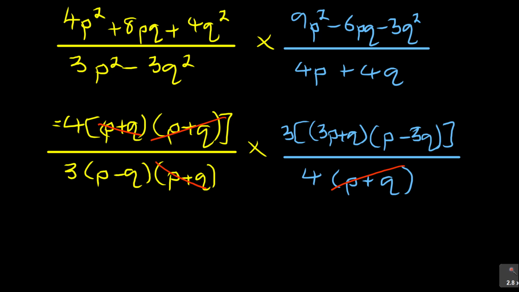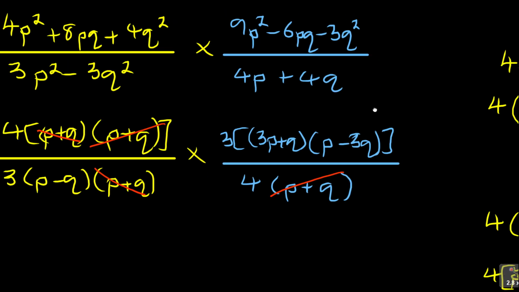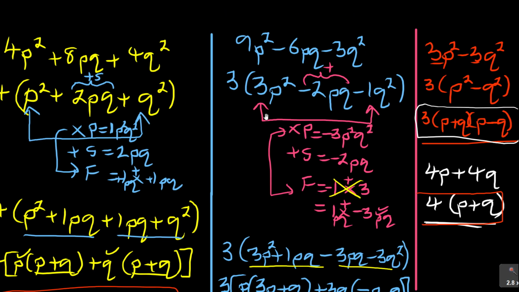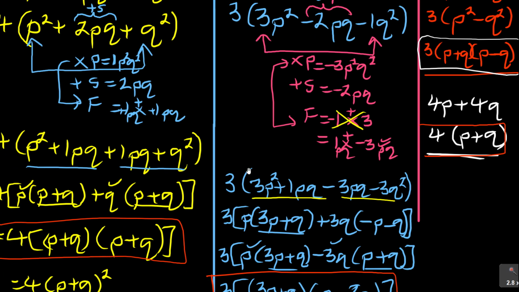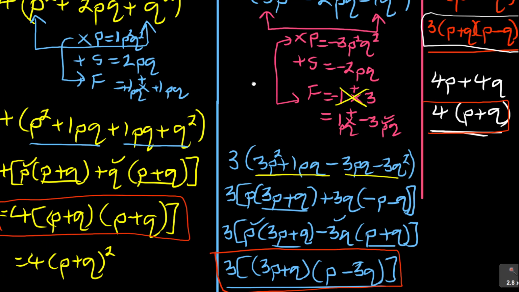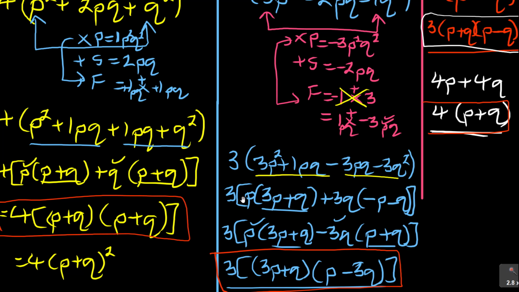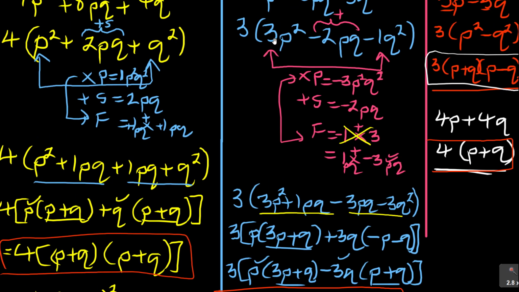Something is not right. Let me just check again. I think I factorized this thing wrong in here. Did I do this right? Let me just check if I factorized this thing right here. Is p minus that, and I said my factors are that, which was that, which is correct.